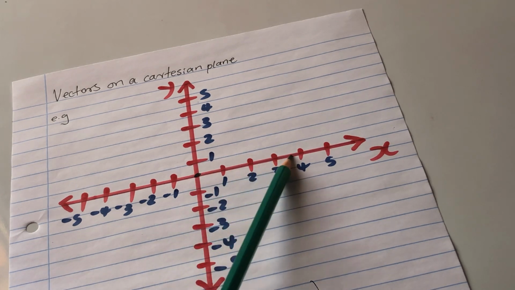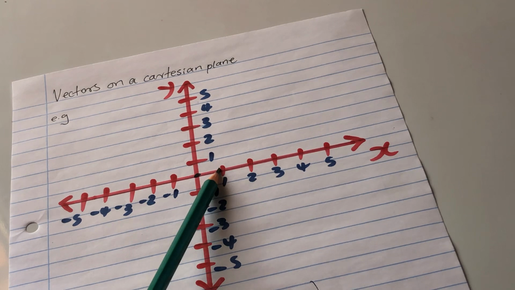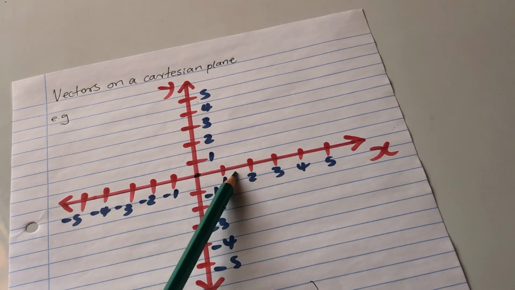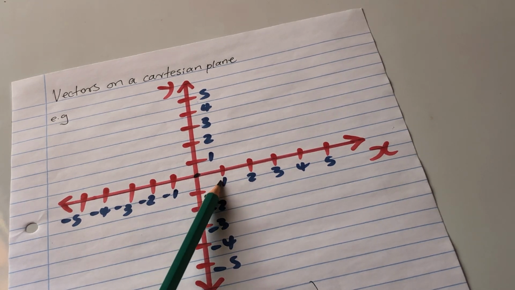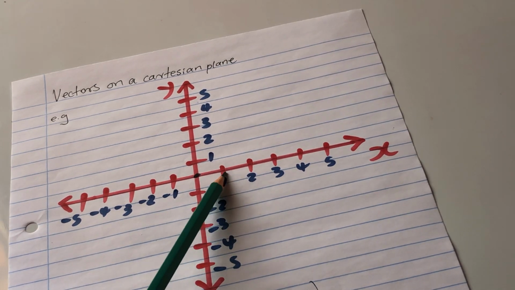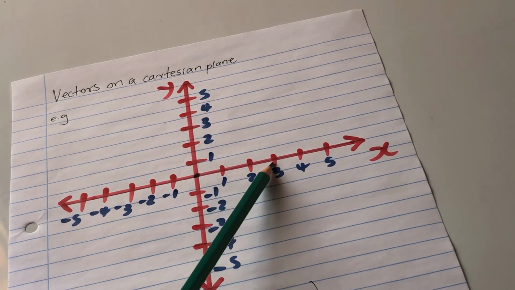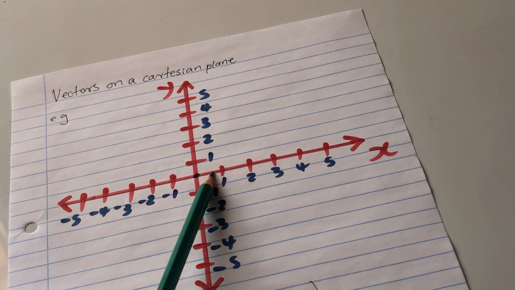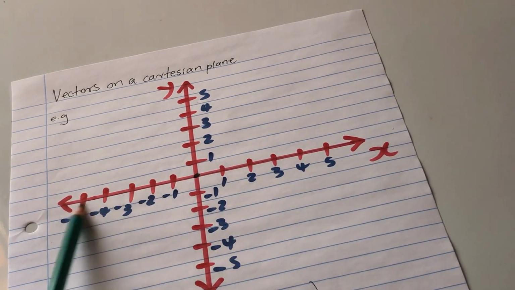On this line, the y coordinate is 0. If I have to tell the coordinates of y which correspond with 1 for x, it will be 0. Again, 2 and 0 for y, 3 and 0 for y, and so on. This side is positive x values, and this side is negative x values.